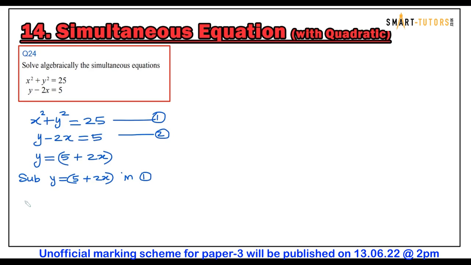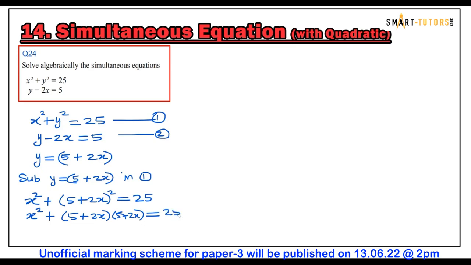So in the equation number 1, x squared plus y squared, you can put 5 plus 2x whole thing squared equal 25. So x squared plus 5 plus 2x, 5 plus 2x equal 25.